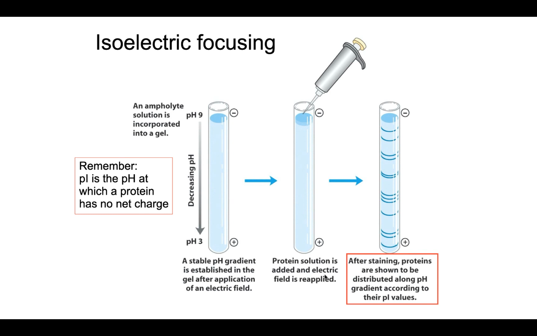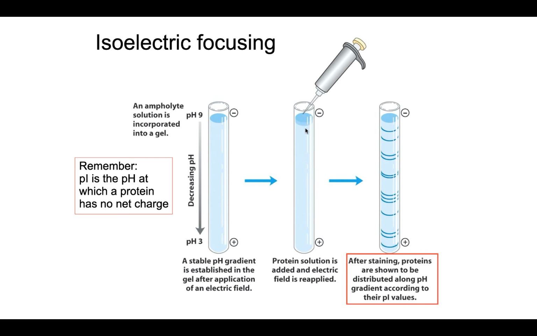Now, way up here at the high pH, there aren't very many protons. That means most proteins will have a net negative charge, and because of that, they're going to be drawn toward the positive pole. So those proteins are drawn through the gel towards the positive pole.